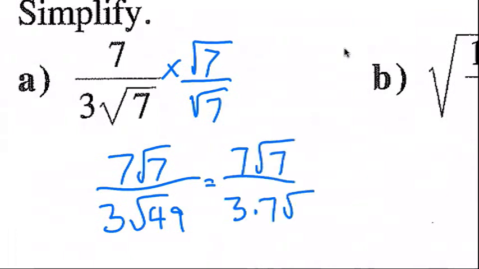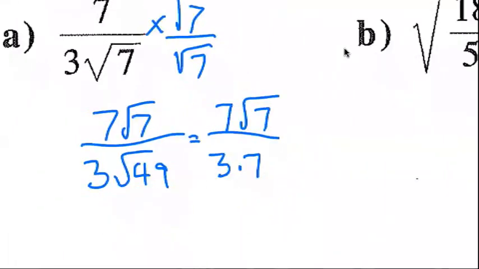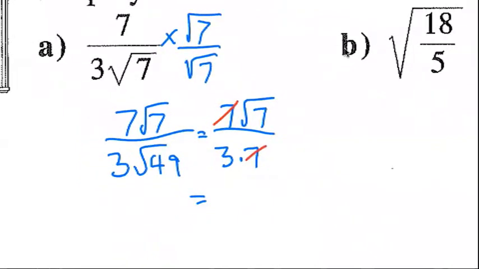The square root disappears, it's supposed to disappear. Well, 3 times 7 is 21, or you can see that these 7s are going to cancel right here. They're outside the radical, so they can cancel. That's going to give me square root 7 all over 3.